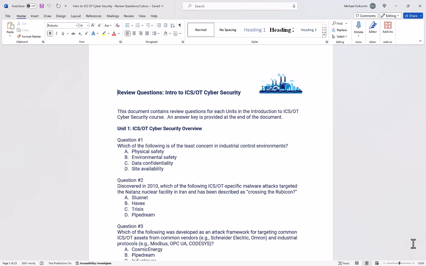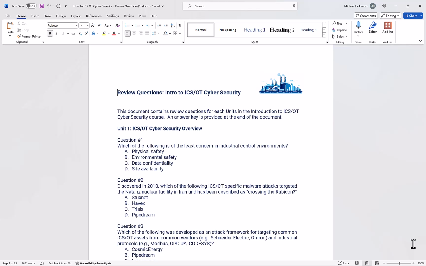But the idea is that other countries saw this and realized they really needed to step up their game, especially when it comes to ICS OT. So not only was it, hey, we need to step up our game, but it was also, there's no repercussions for attacking other countries. And so this was really, again, opening Pandora's box, or really the start of where we crossed that line, and there was no going back. That's the idea of crossing the Rubicon.